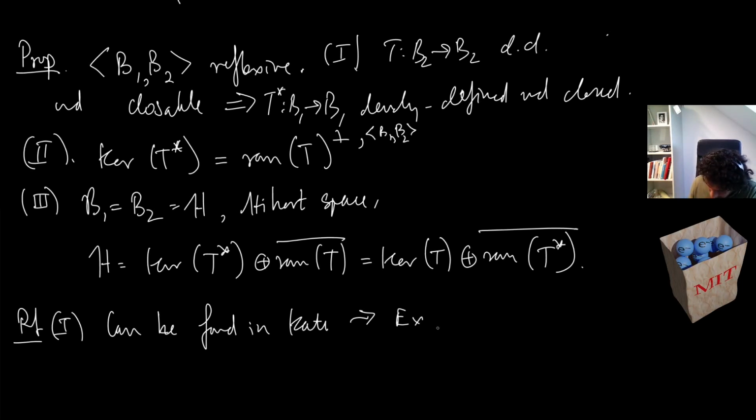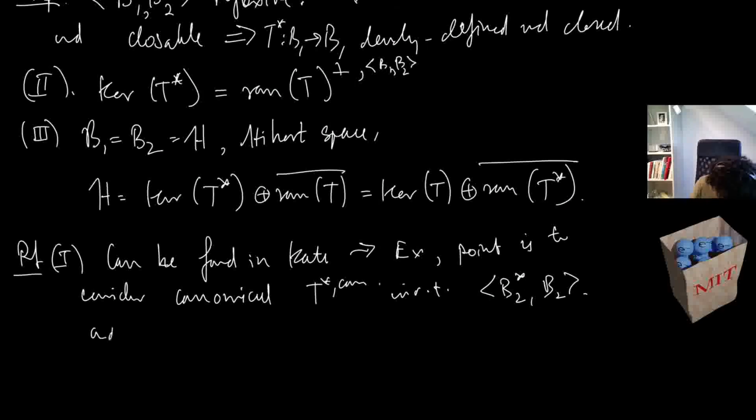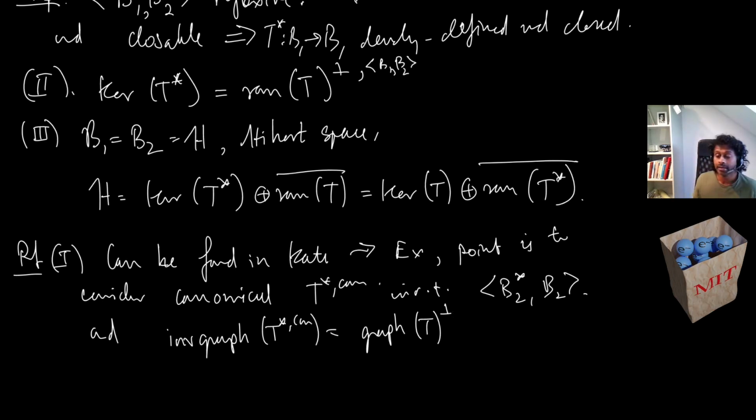So the key here is to consider the canonical adjoint with respect to the pairing B2 star B2, and we had this characterization, the inverse graph of T star canonical is equal to the graph of T annihilated, and use this to obtain the conclusion, right?